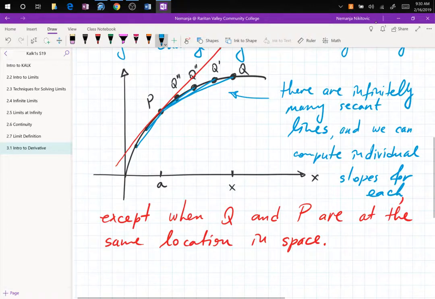Thinking of the available tools that you have. You know you can't use algebra. All you have is that algebra formula for slope. So how would you calculate the slope of the red line using what you have learned so far?